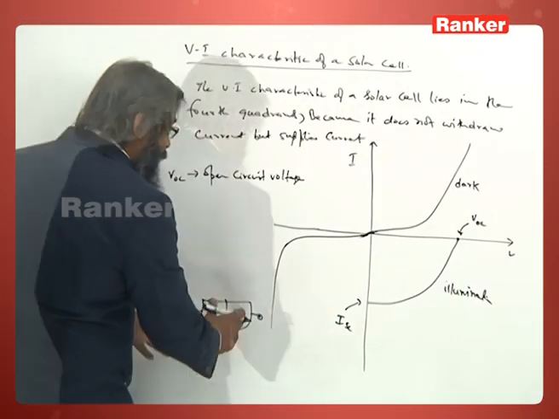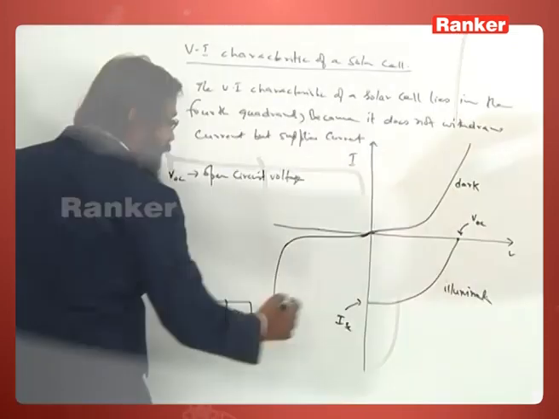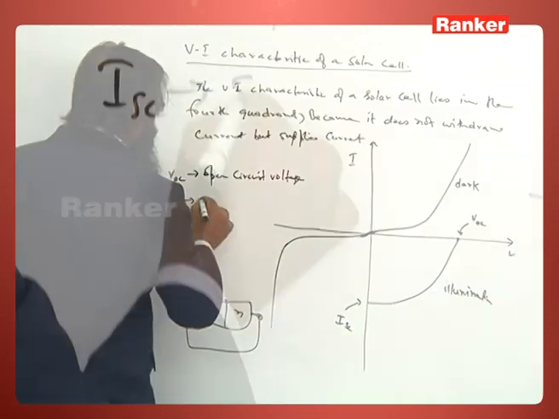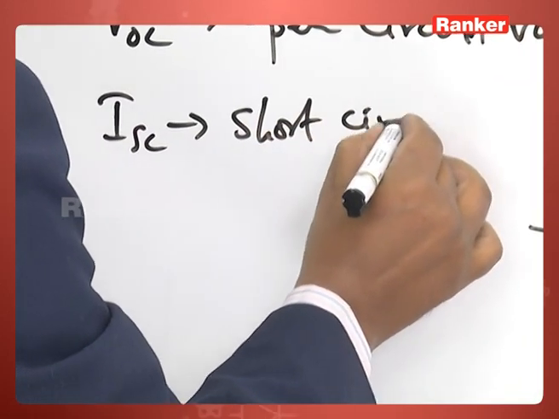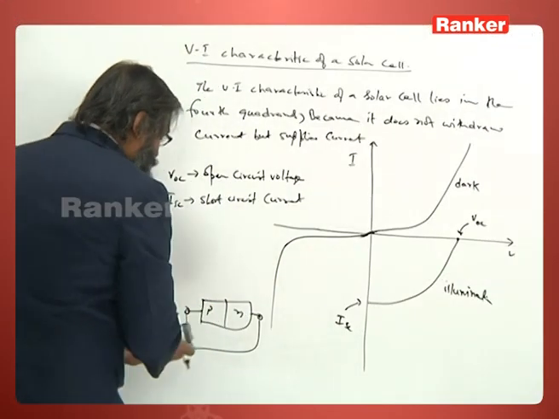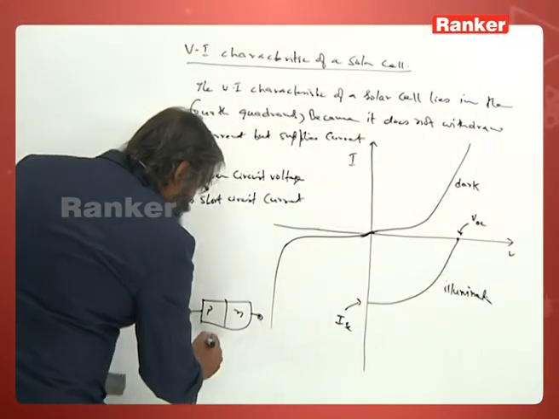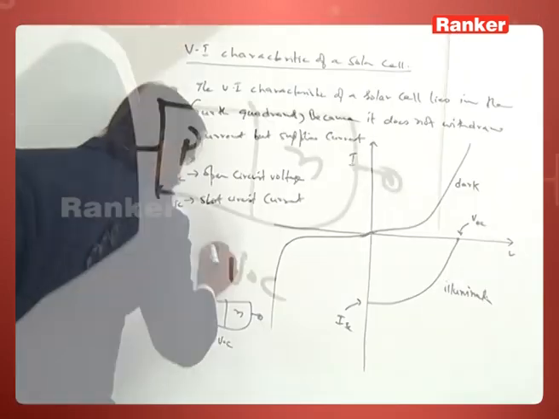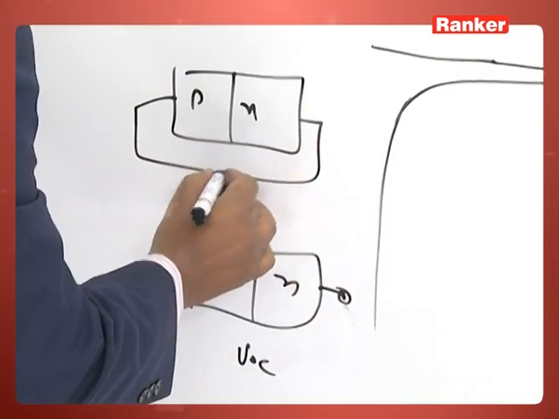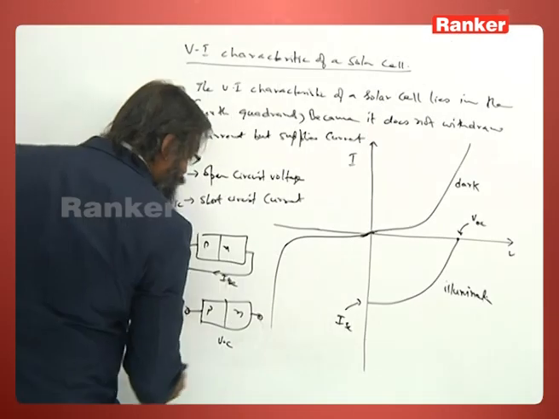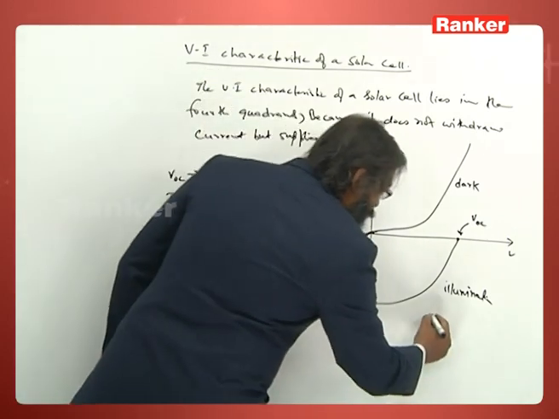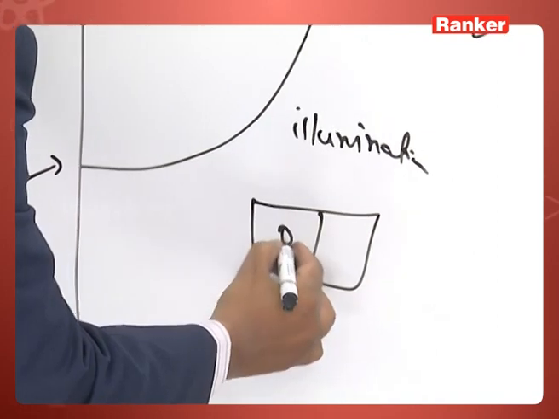When you connect it, then the voltage will drop, and ISC is the short circuit current. So when this is open, this voltage will be VOC, and when this PN junction is connected by a short circuit, then we get the current ISC.